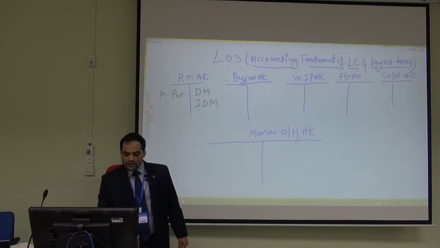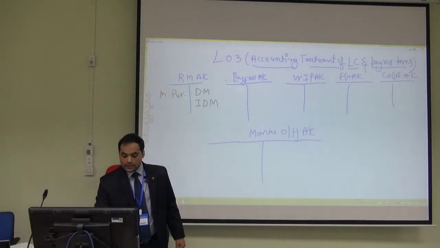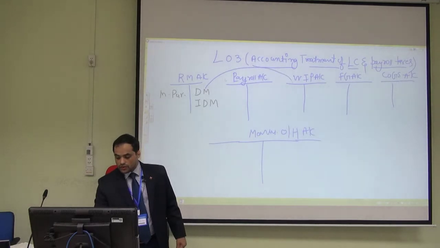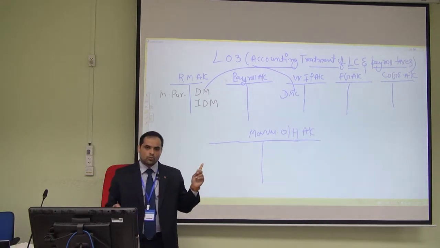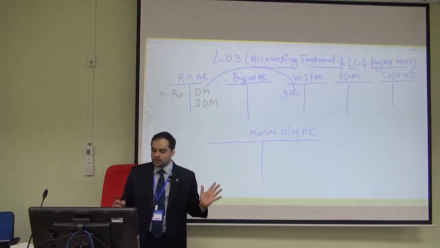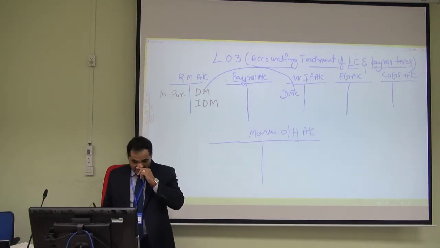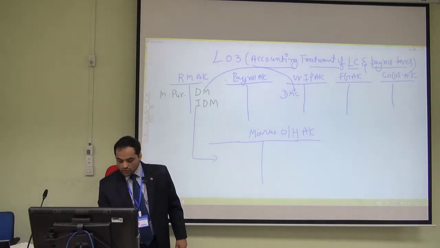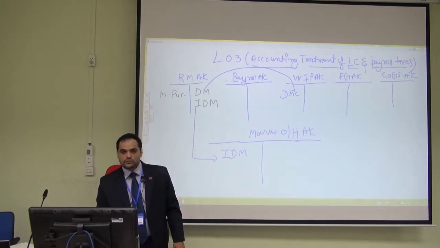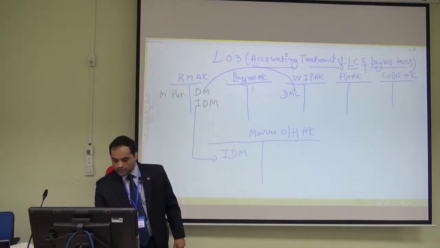We have direct material and indirect material. Direct material will directly transfer to work in process, the same as we did with the journal entries and accounts in our topic 2. Indirect material will transfer to manufacturing overhead. Labor: we have direct labor and indirect labor.